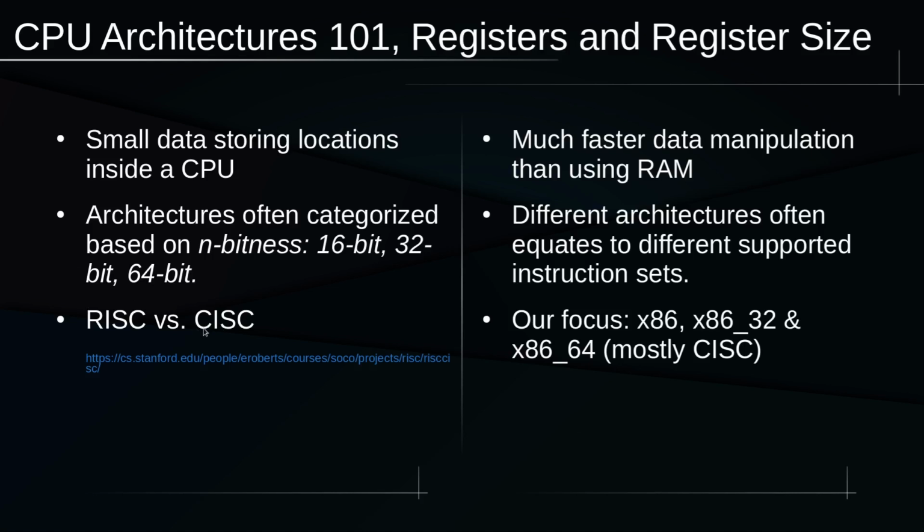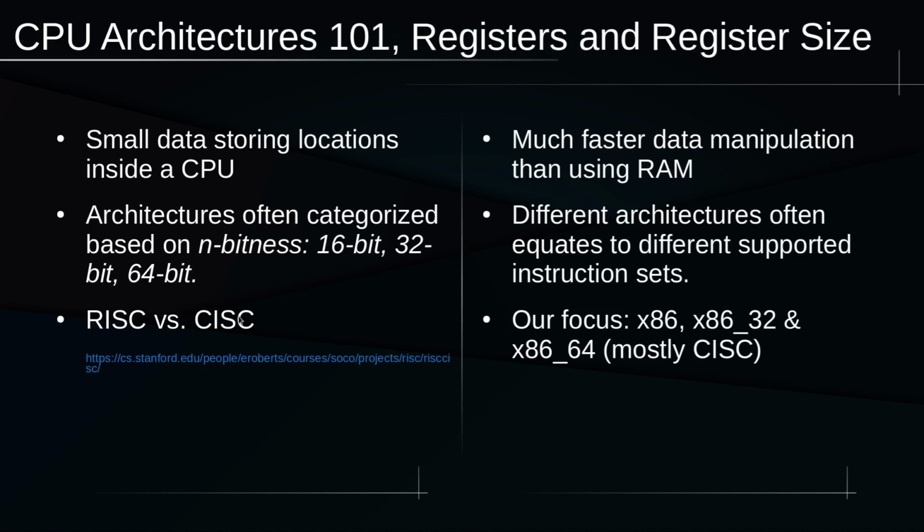There are also two main broad categories of CPU architectures called RISC and CISC. RISC basically translates to Reduced Instruction Set Computer, or CPU, and CISC is the Complex Instruction Set CPU.